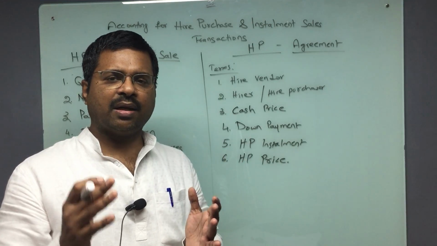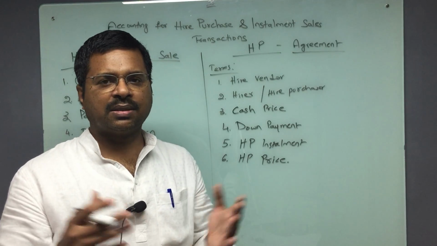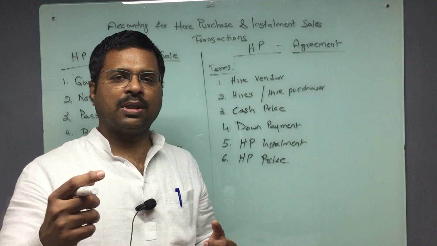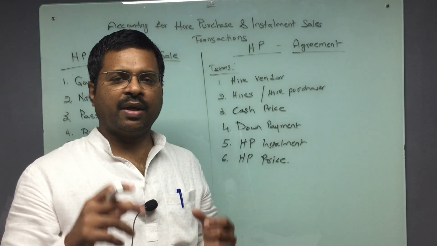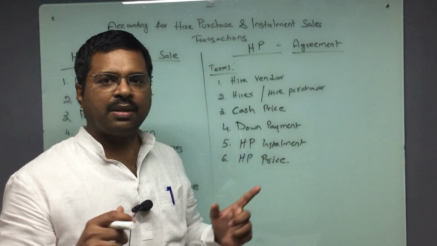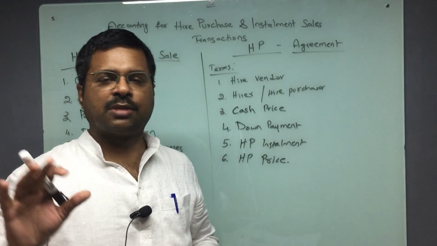There are various criteria. Some people will decide 20%, some 25%, some 30%, 40%, depending upon the demand for the product. So there is no particular norm that the down payment is always this much only.